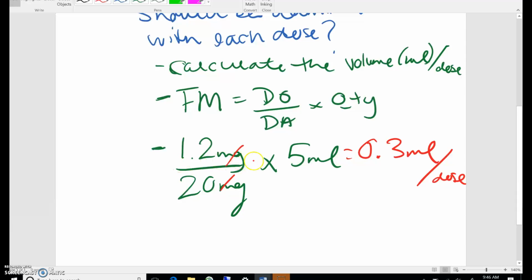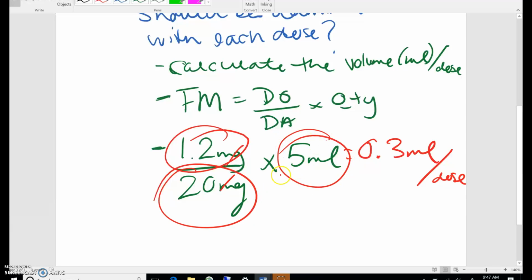Well, you know that 5 milliliters won't be your answer for the volume because the patient needs 1.2 milligrams, not 20. So in order to calculate that volume, you take that dose ordered, which is 1.2 milligrams, over the dose available, which is 20 milligrams, and multiply it by the quantity of 5 milliliters, which is associated to the 20 milligrams. And that tells you that a patient that is 6 months old will receive 0.3 milliliters of this phenobarbital medication.